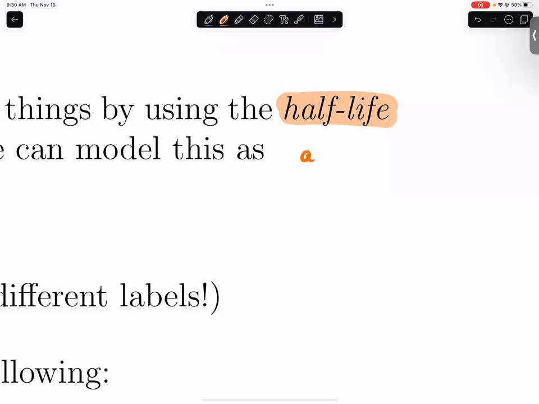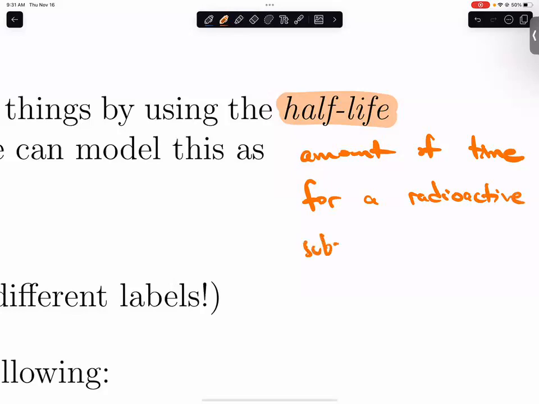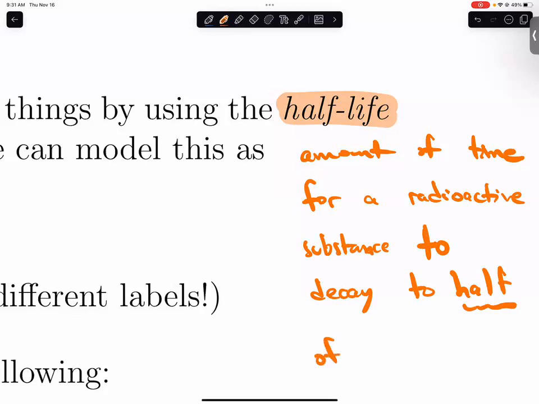So the half-life is the amount of time for a radioactive substance to decay to half of the original amount.